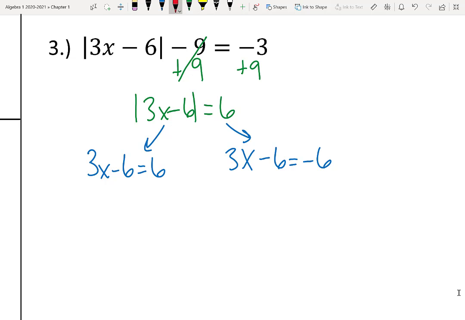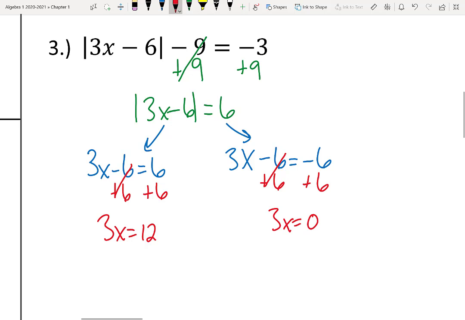So solve them separately. The steps are going to look very similar for both of them. It's just what the actual solution is that will be different. So with the left-hand side, I'm going to add 6 on both sides. Gives me 3x equals 12. On the right-hand side, I'm going to add 6 on both sides, and I end up with 3x equals 0.